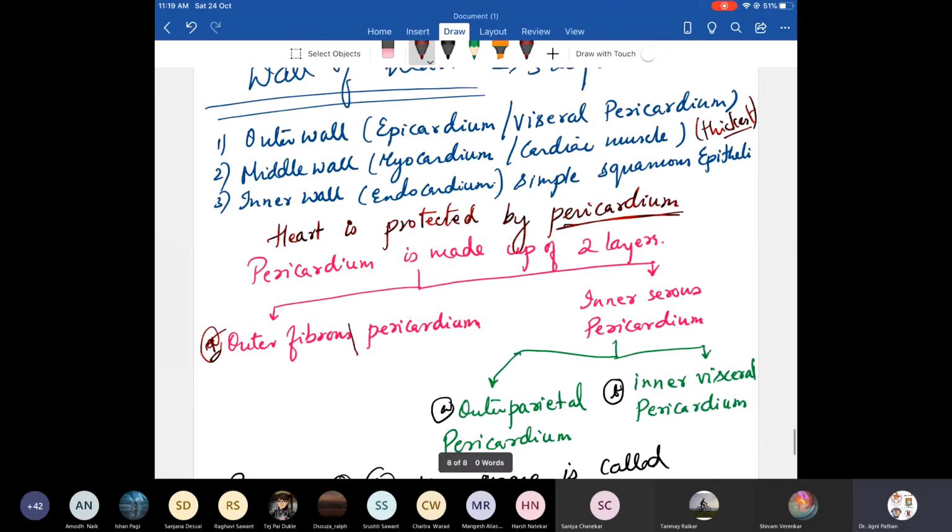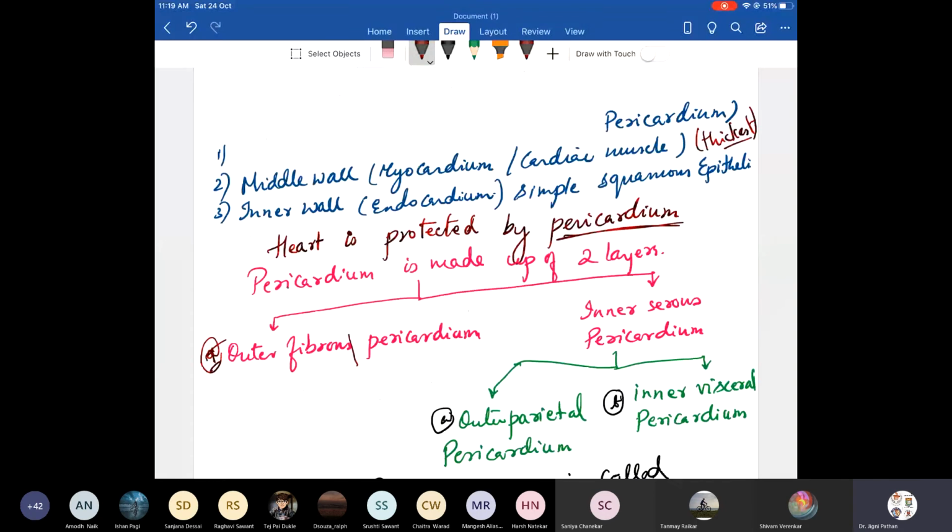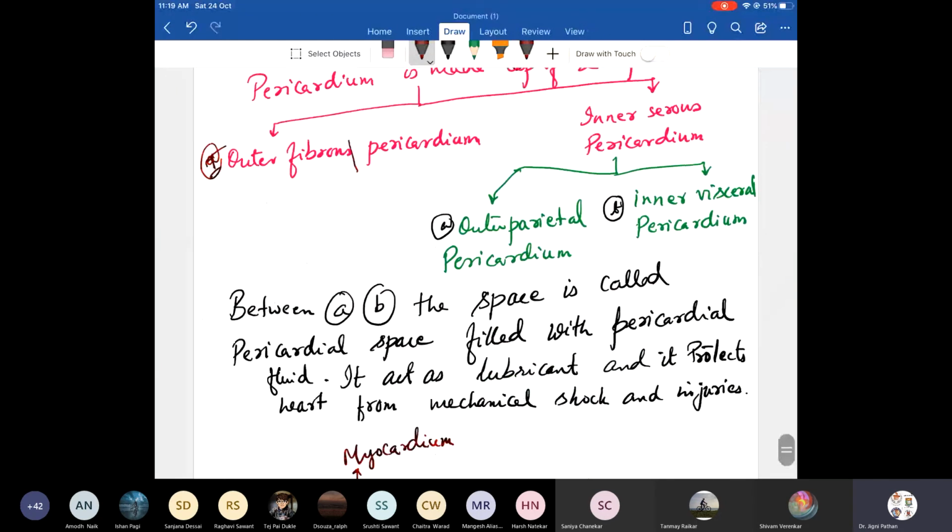The outer fibrous pericardium is outermost, whereas the inner serous pericardium is again made up of two components, outer parietal and inner visceral pericardium. The inner visceral is similar to epicardium. This I have mentioned.